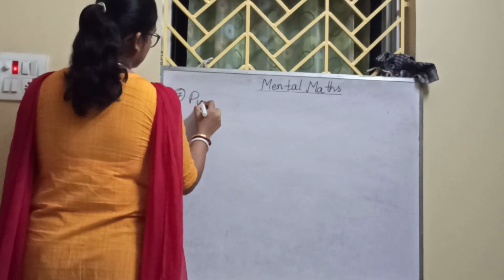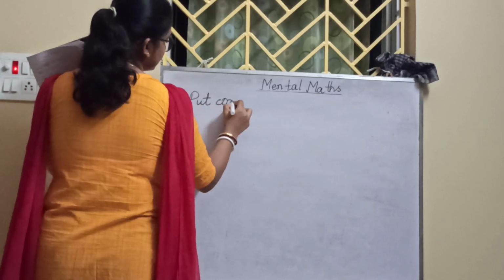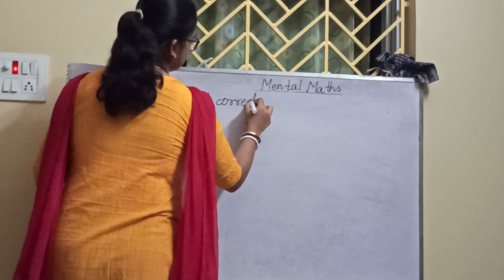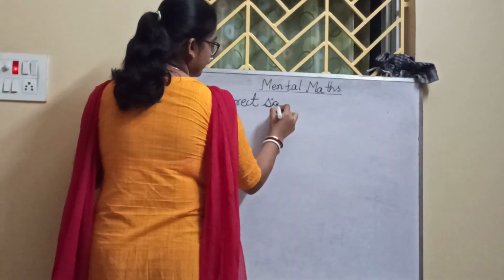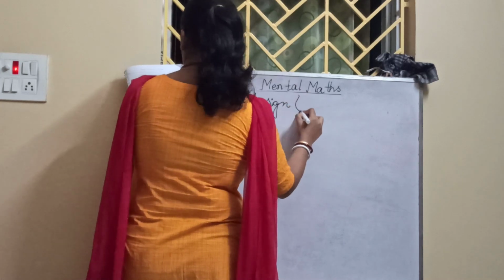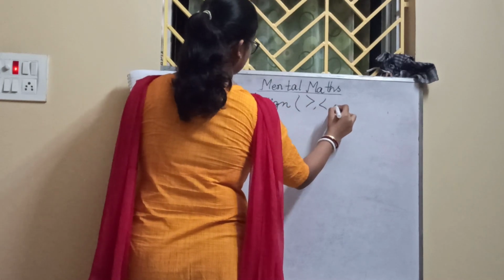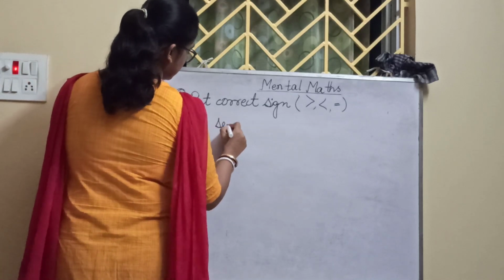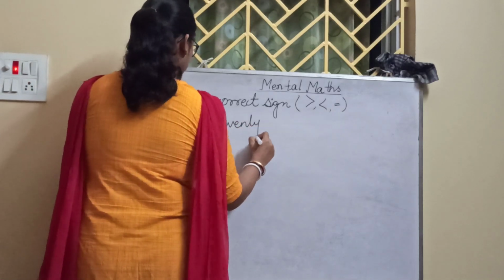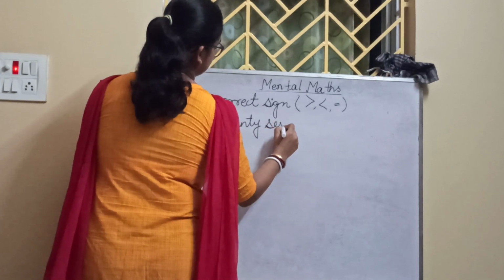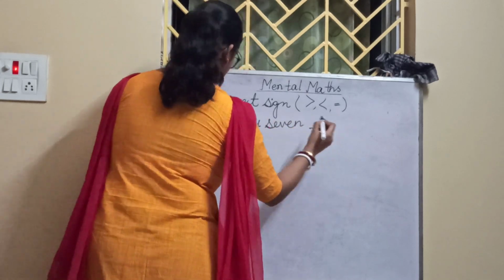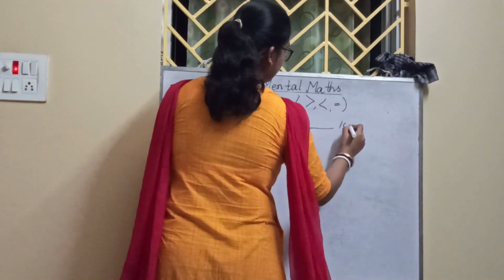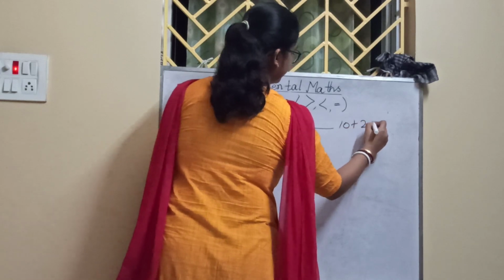Put the correct sign. But suppose it is given 77 dash 10 plus 20.